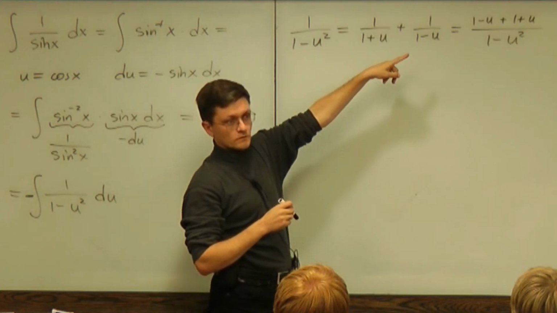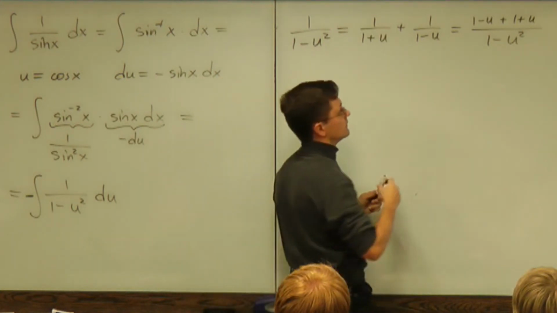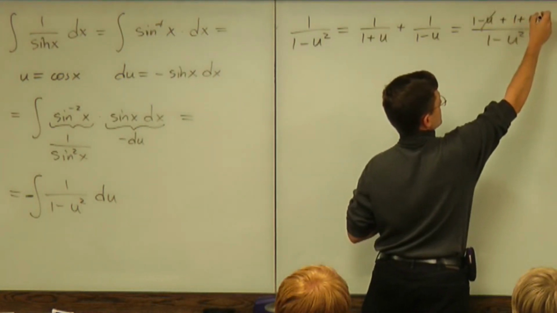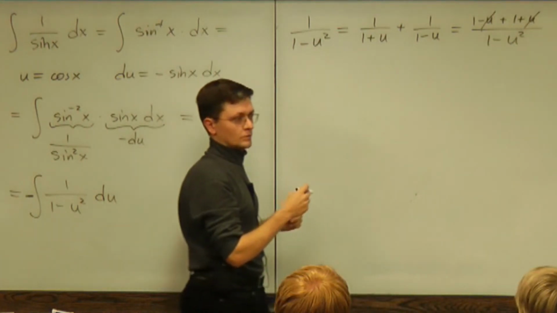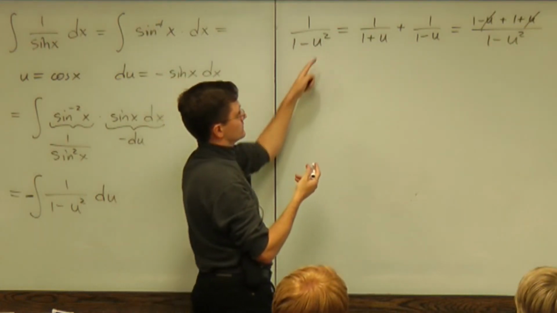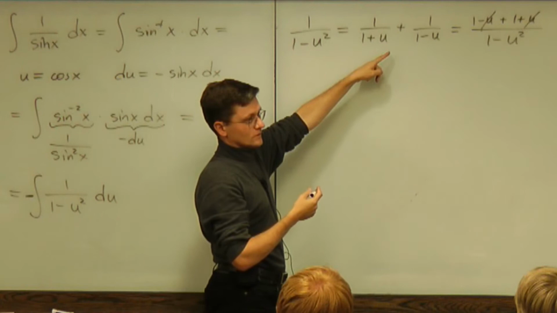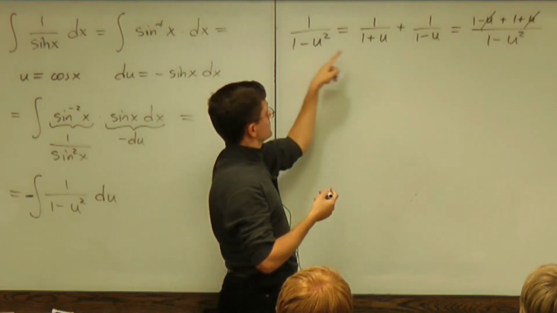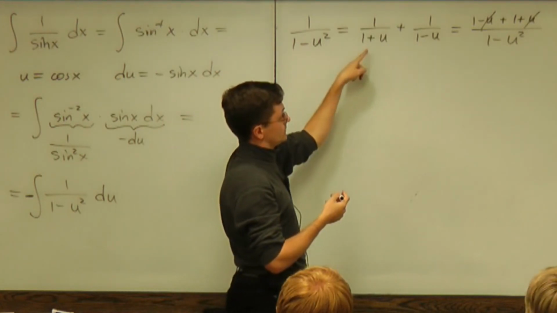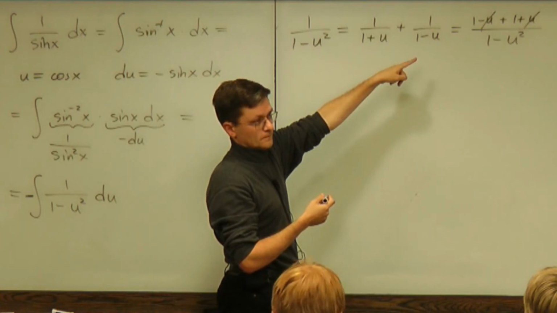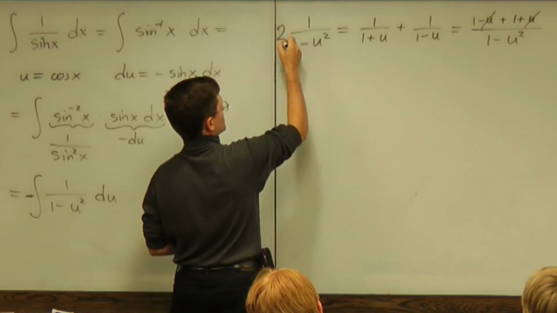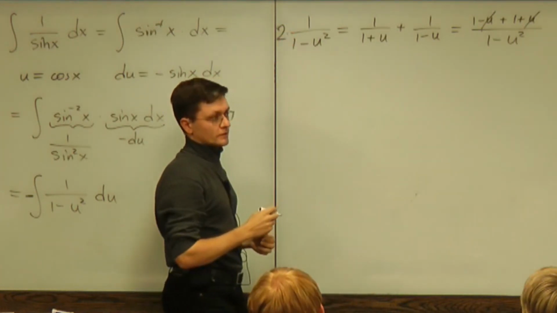And that u cancels. And 1 doesn't, and it becomes 2. So what I said was not true, but almost true. So that is equal to a half of that sum. In other words, 2 of those equals that.